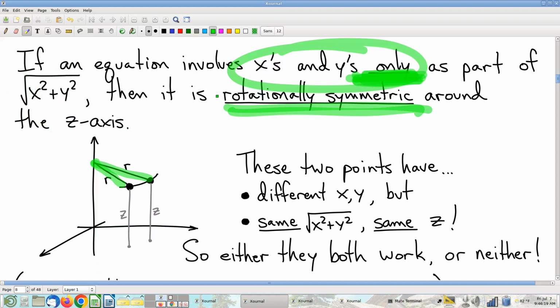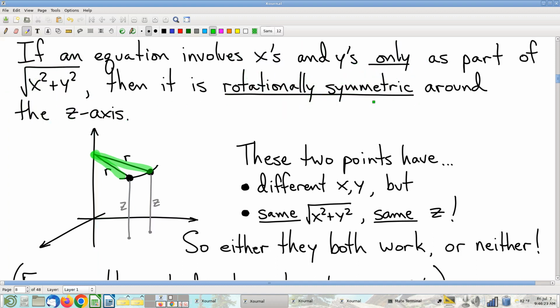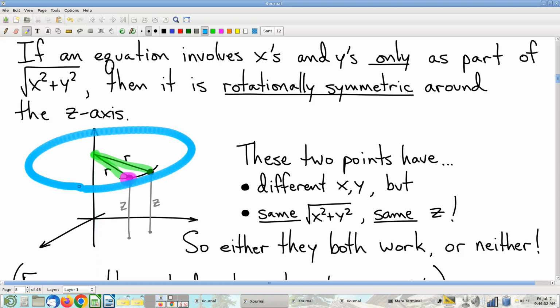Okay, now why does this work? Let's consider a couple of points, like this one here to start, and then imagine that I rotate it around. Hypothetically, imagine that I rotate it to produce this point here. Well, those are different points. Totally different points, right? They're not the same point.